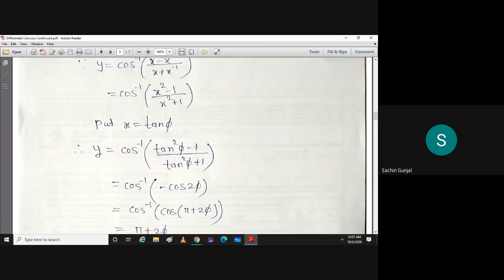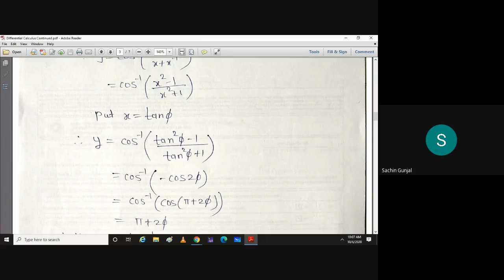Because this is minus 1, it is 1 minus tan square phi. Now in formula of cos 2 phi, it is 1 minus tan square phi upon 1 plus tan square phi. So this is minus of cos of 2 phi, which you can write as cos of pi plus 2 phi.